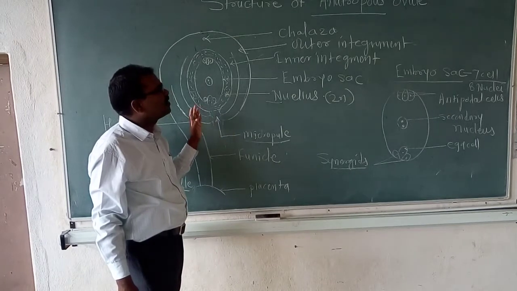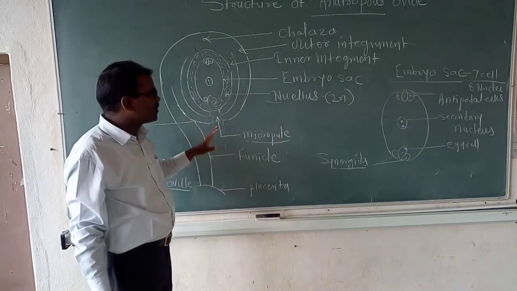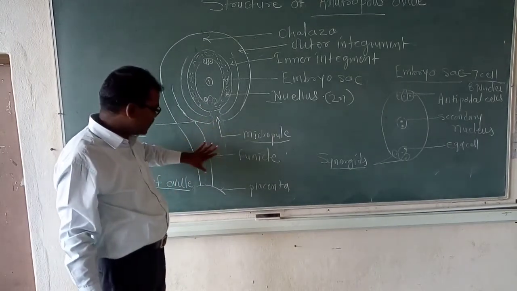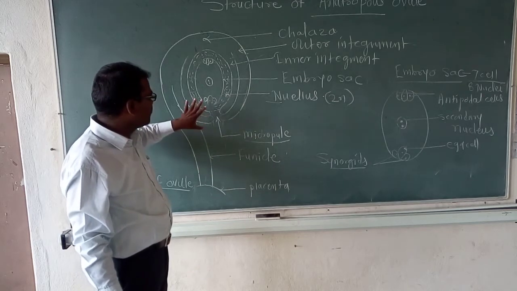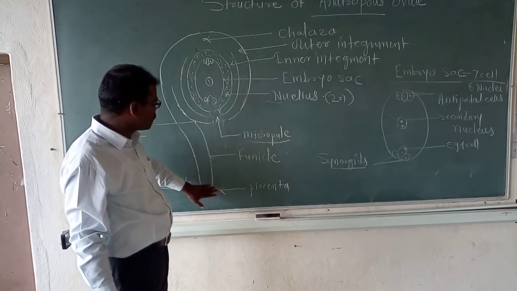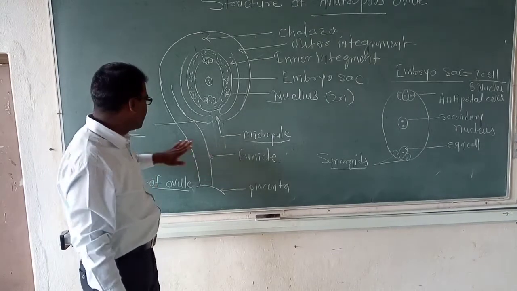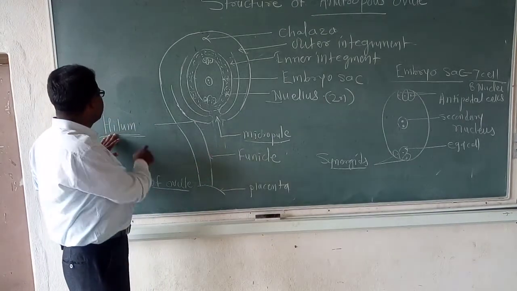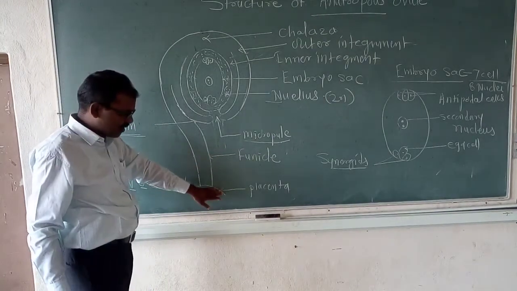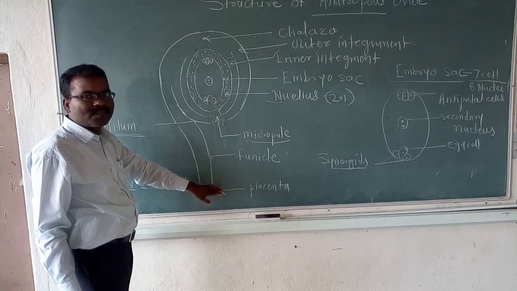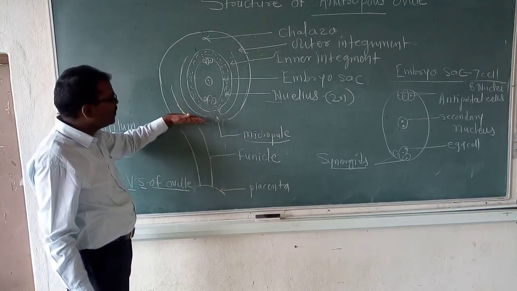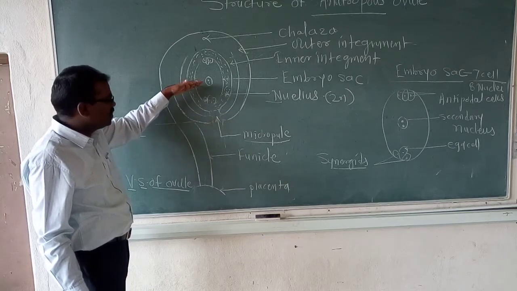This is all about the anatropous ovule, which consists of 2 parts, the stalk and the body. Inside the stalk there is a placenta, funicle, and the point of attachment is called the hilum. The function of the placenta is to provide nutrients to the ovule.